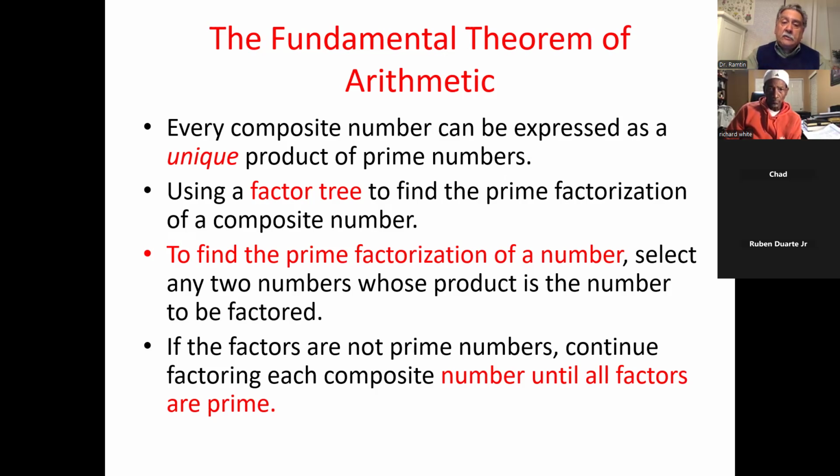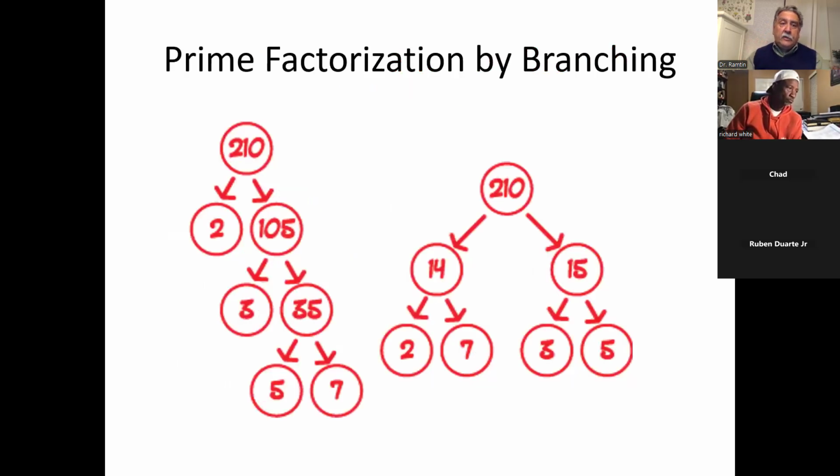If the factors are not prime, we continue until the results we have are all prime numbers. For example, look here. If we start with 210, that's a composite number, definitely, because it can be divided by itself, by 1, by 2, by 5, and a number of other things.